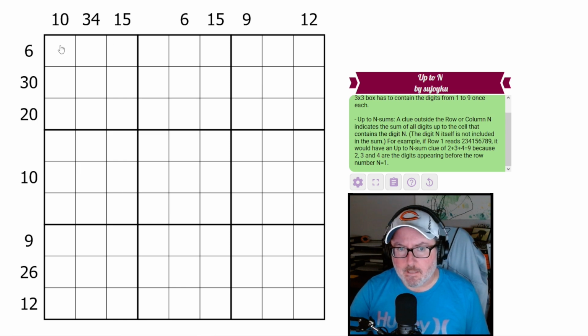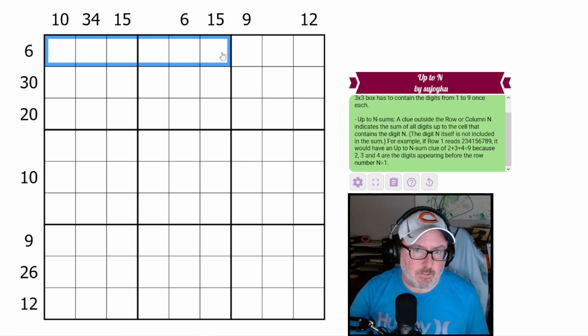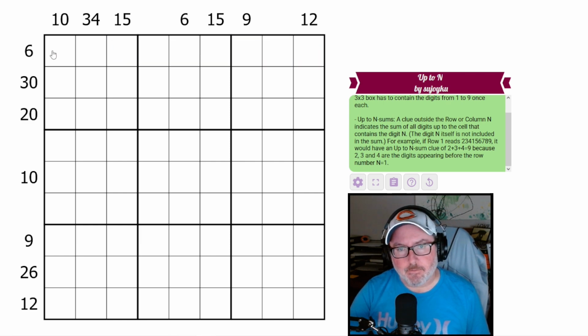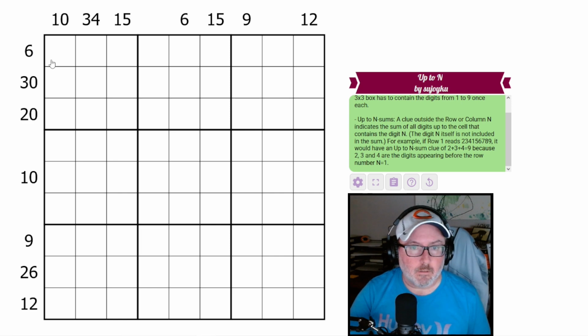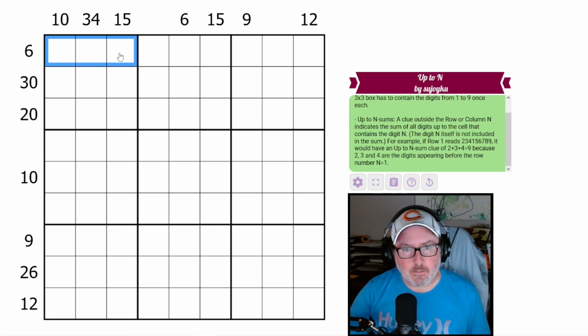So I think the 6s are going to be a good place to start, because there's only going to be so many places that we could put a 1, particularly because this is row 1. We're going to read the digits until we get to the 1, and those are going to add up to 6.